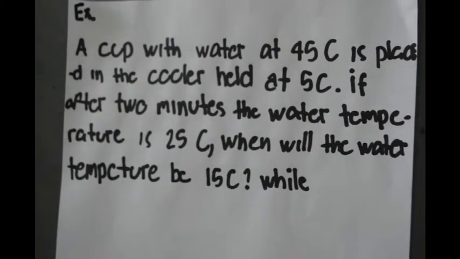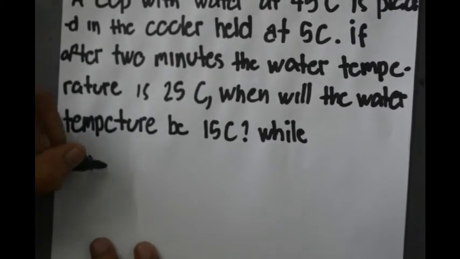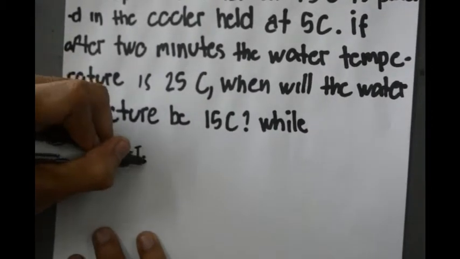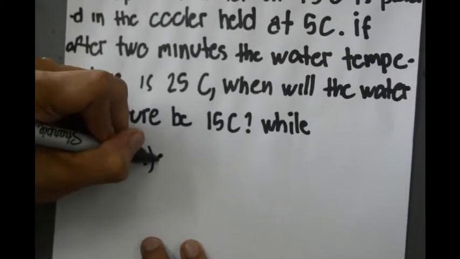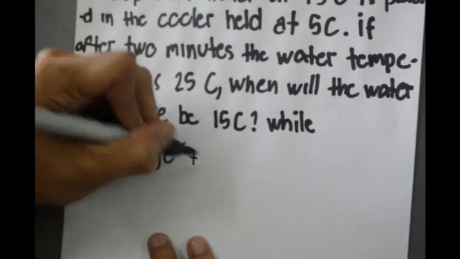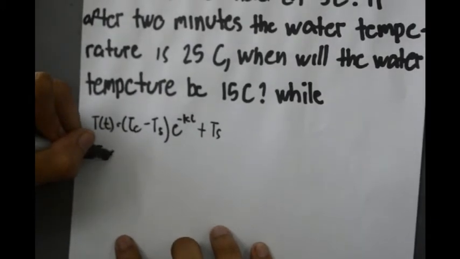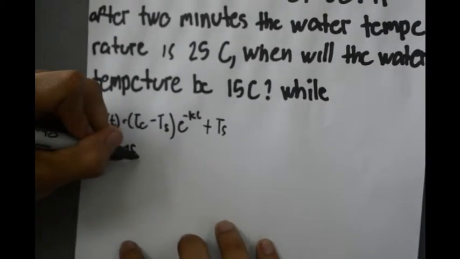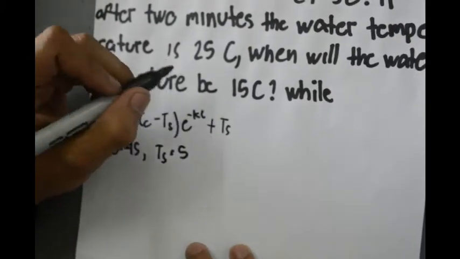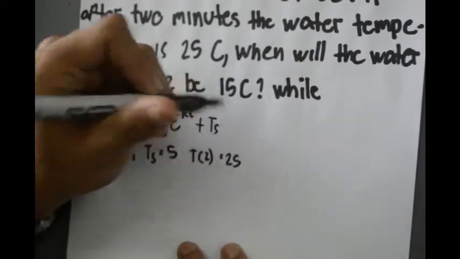For the solution, we know that T(t) = (T0 - Ts) e^(-kt) + Ts. Also, T0 is equal to 45, Ts is equal to 5, and T(2) is equal to 25.